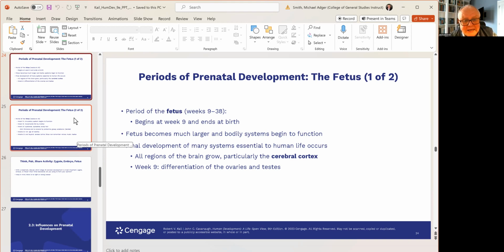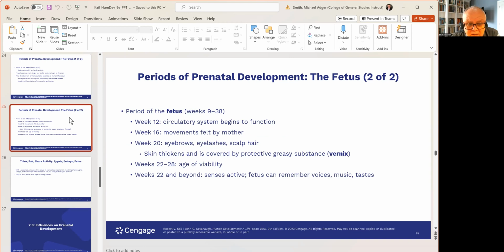The problem is if there is a complication, then you don't have the facilities there to back up or take care. So in week 12, the circulatory system begins to function, and in week 16, the mother will begin to feel the baby moving.